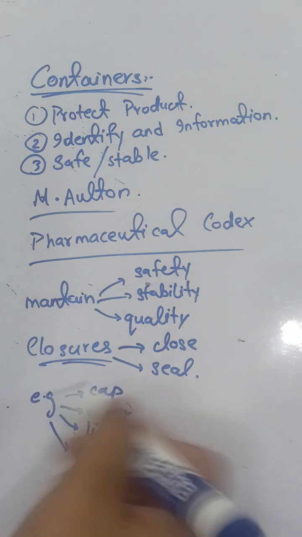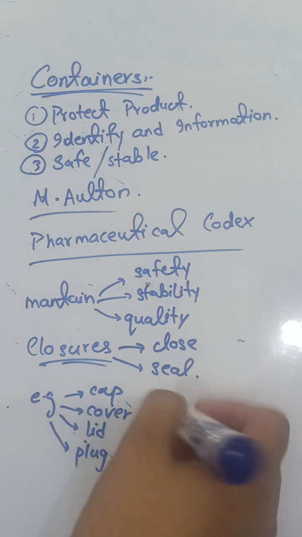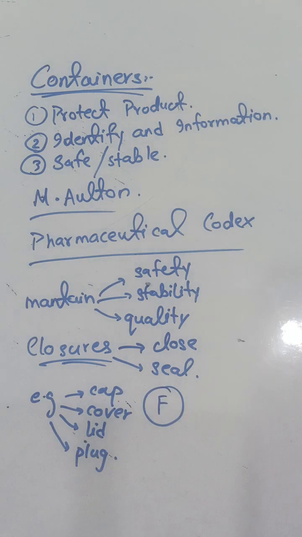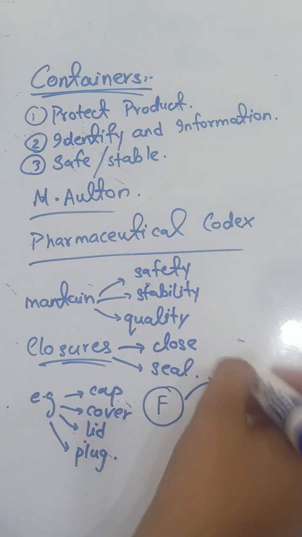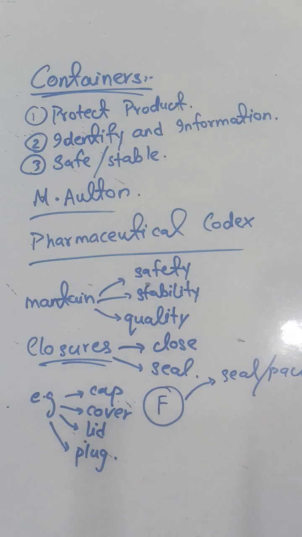Okay, so what is the function of the closure? What is it going to do? Its function is given here. It is going to tightly pack our container, so it is going to seal it, or you can say pack our container.